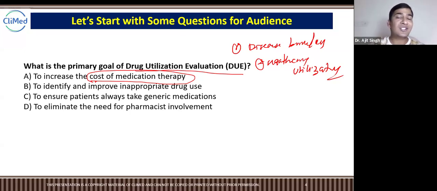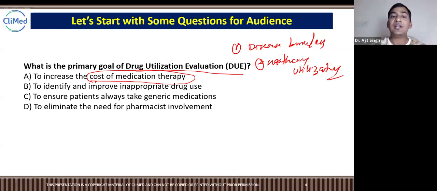Costing is not just the therapy. Costing is the resources which have been used, and time costing is also there, whatever the person or the person's attendee spent in the hospital or the care center. So everything is included in the costing.